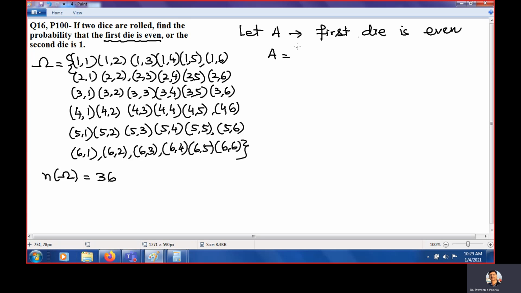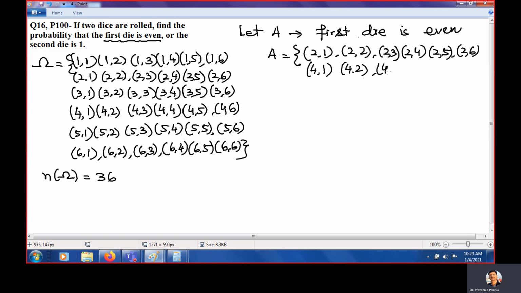So if first die is even, what will be the answer? 21, 22, 23, 24, 25, 26, 41, 42, 43, 44, 45, 46, and 61, 62, 63, 64, 65, 66.